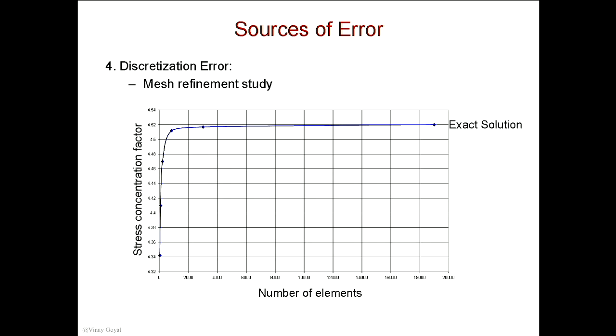With a small number of elements, I may be able to get to the solution, and a large number of elements will increase the computational time without a huge payoff. It's going from 4.52 with 20,000 elements, and with only 100 elements, I can probably get about 4.48. That's not a big difference, right, between 4.5 and 4.48. So, in general, my suggestion is to do some sensitivity studies and gauge what kind of element size you need.